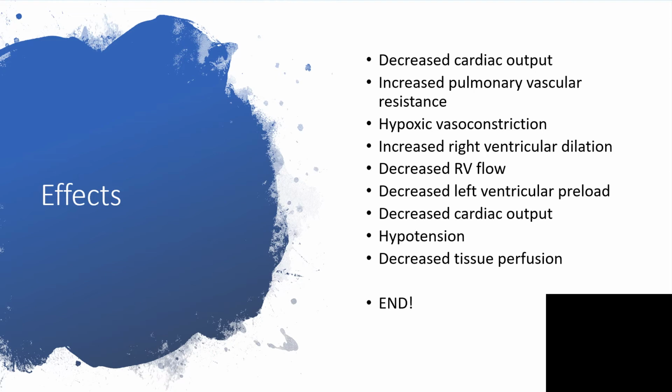When there is decreased cardiac output with increased pulmonary vascular resistance and hypoxic vasoconstriction, there will be increased right ventricular dilation with decreased right ventricular flow. That will lead to decreased left ventricular preload and, of course, further decrease in cardiac output. Then hypotension, then decreased tissue perfusion.